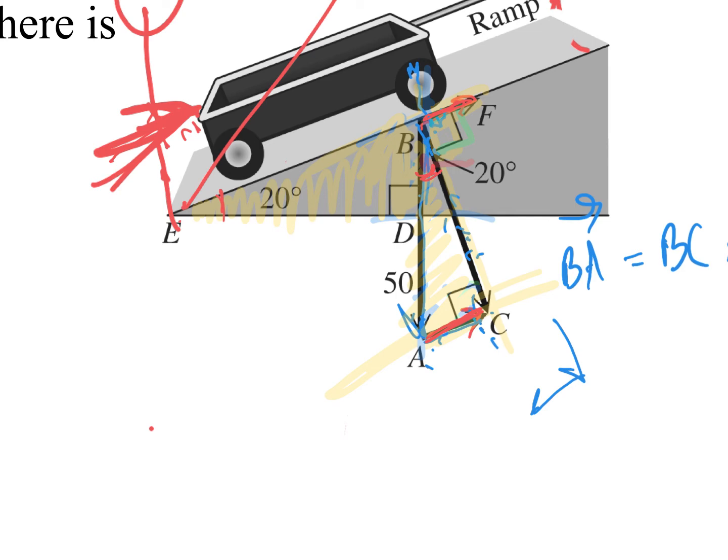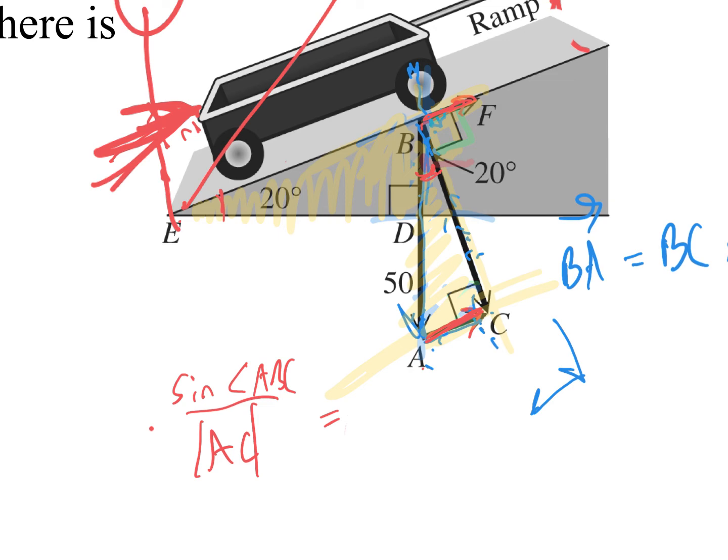I can say sine of angle ABC over AC, that's the magnitude of the vector AC that I want, would be equal to sine of angle ACB over 50.